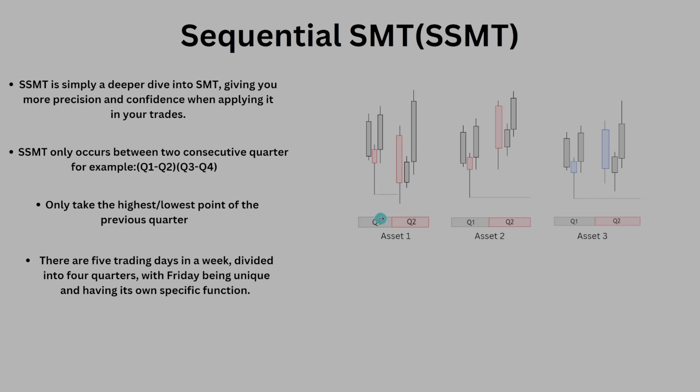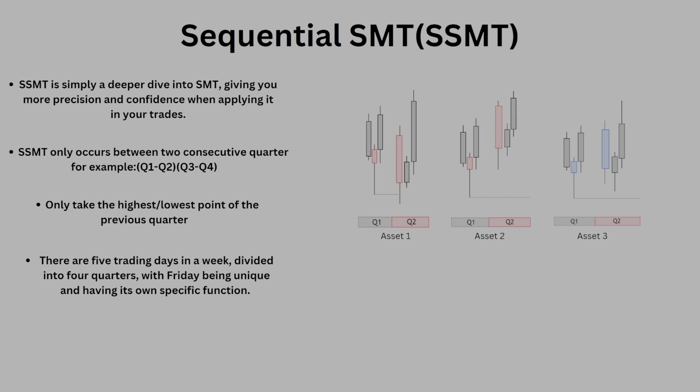Let's say Q1 is Asian session and then Q2 is London. So on S1, London takes out Asian session low, and then we have S2 that fails to take it out, and then we build our trade off that structure.